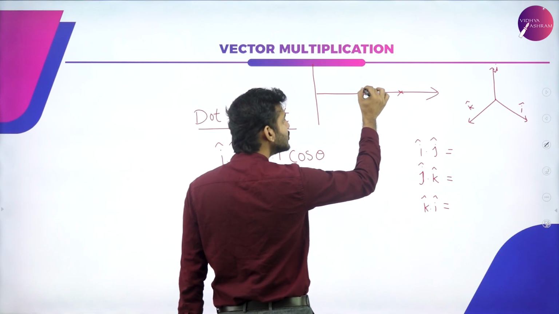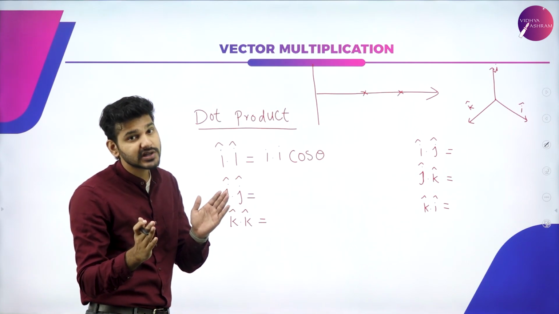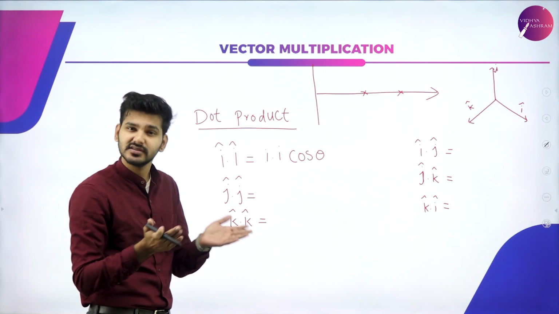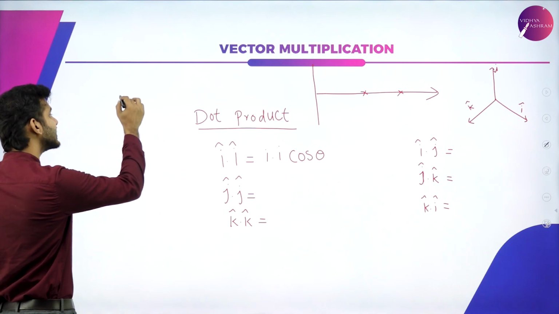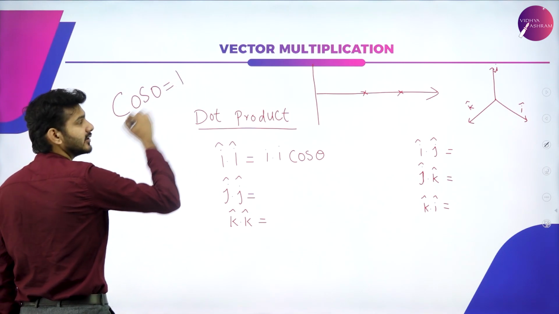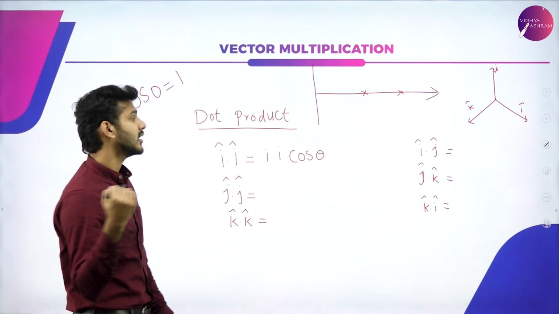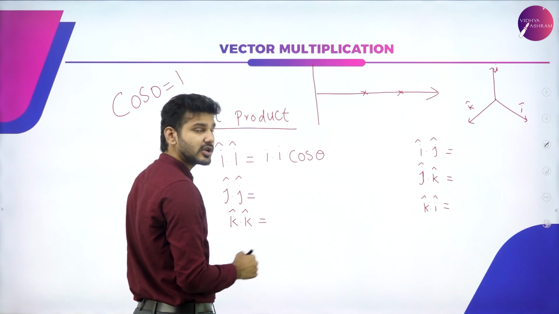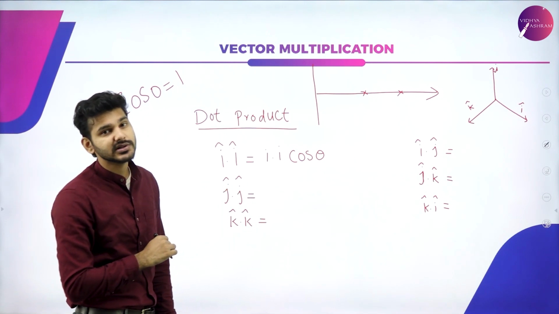These are actually two parallel lines, which means the angle between them will always be 0. So it is cos 0. And we do know that cos 0 is equal to 1, because sin 0 is 0. So i dot i will be equal to 1.